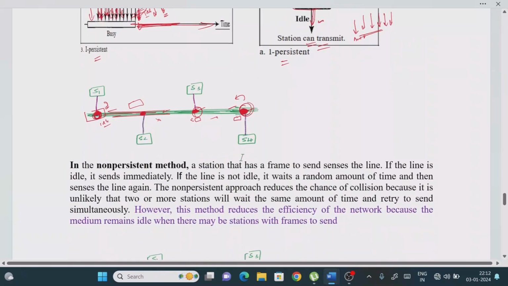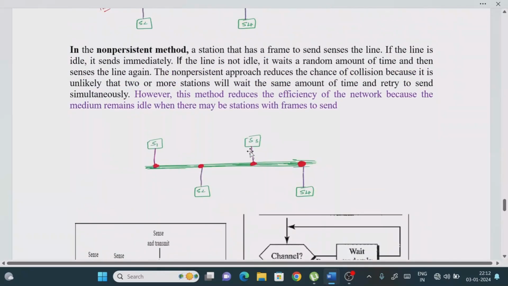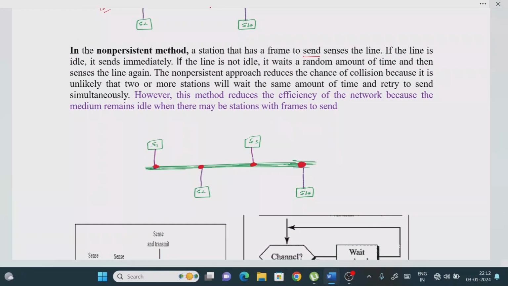So the next method is what we call the non-persistent method. We will see the meaning of non-persistence. In the non-persistent method, a station that has a frame to send senses the line, obviously, in case of the CSMA method. If the line is idle, it sends immediately, right? If the line is not idle, it waits a random amount of time.